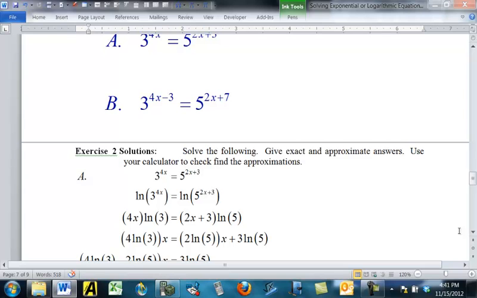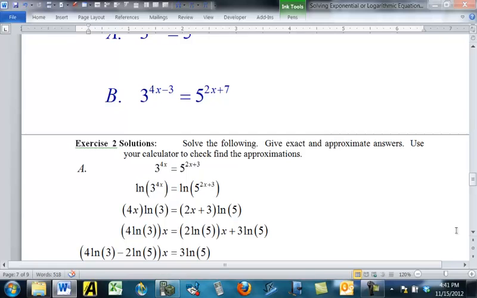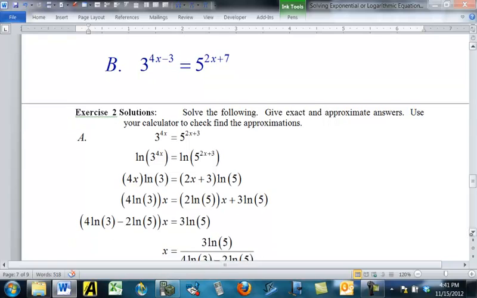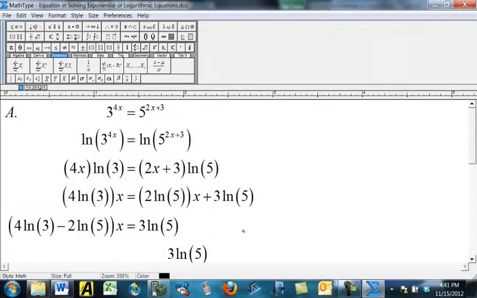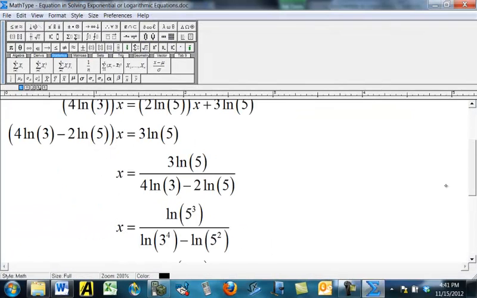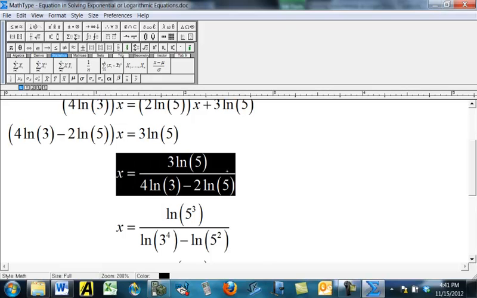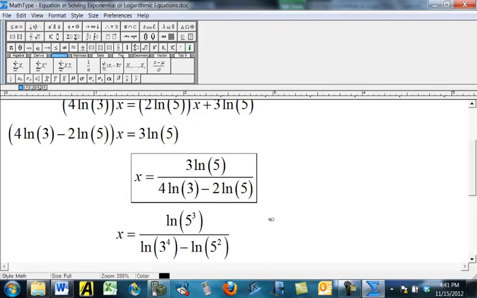Subtract 2 natural log of 5 times x from both sides to eliminate it on the right, and on the left factor the x out, and that gives us 4 natural log of 3 minus 2 natural log of 5 as the coefficient of the x. Divide by that coefficient of the x, and this is one of the ways you could write the exact answer right here. So that could be a final answer.